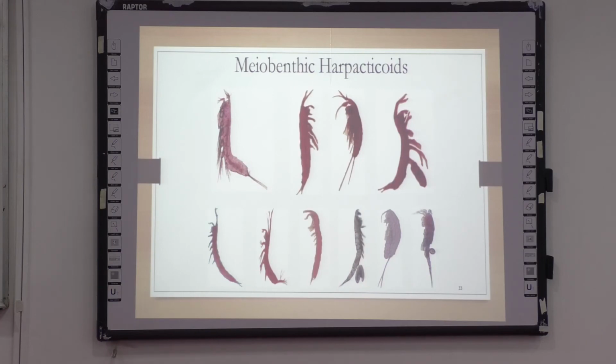In the case of the benthic harpacticoid, the size may be 1 millimeter to 2 millimeters. But here the maximum size is only 700 micron. You see that this particular animal is 700 micron, but has an egg sac holding some 5, 7, 10 eggs, and each egg may be less than 20 micron.